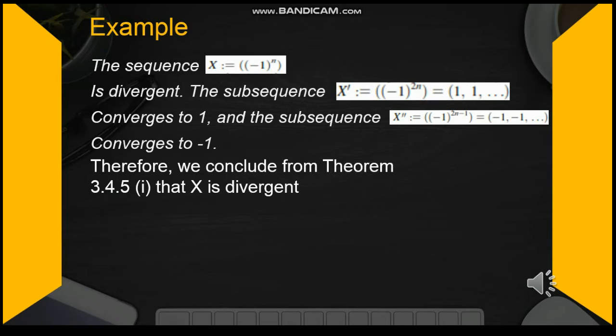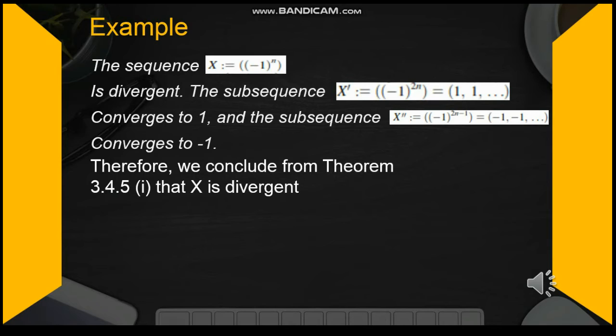And then the subsequence X'' defined by (-1)^{2n-1} = -1, -1, -1, and so on until infinity. We know that -1 to an odd power gives a negative number, that is -1. So X'' converges to -1.